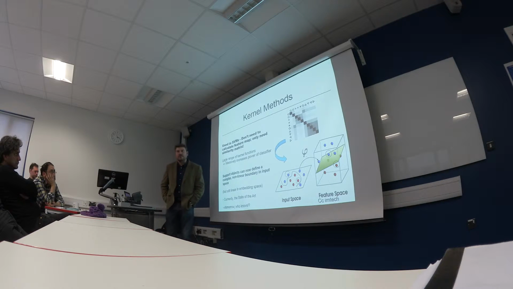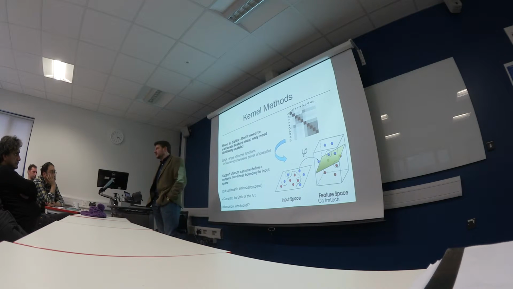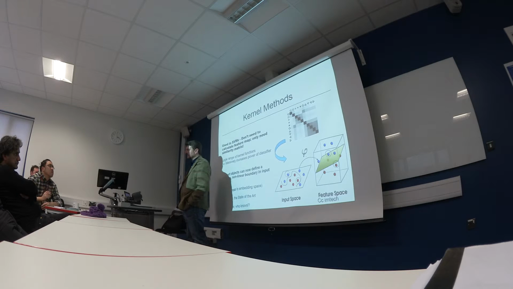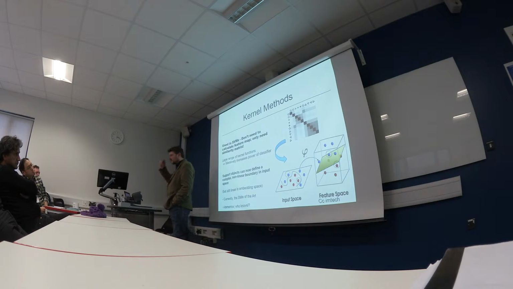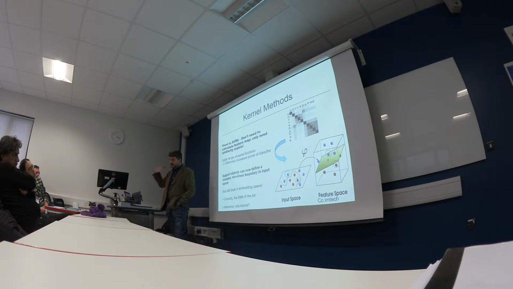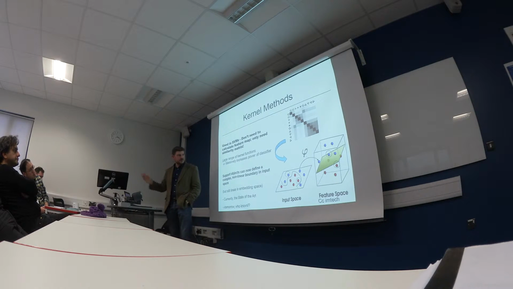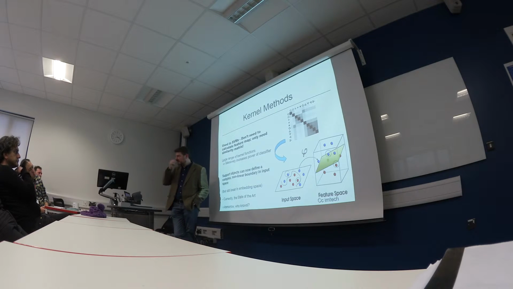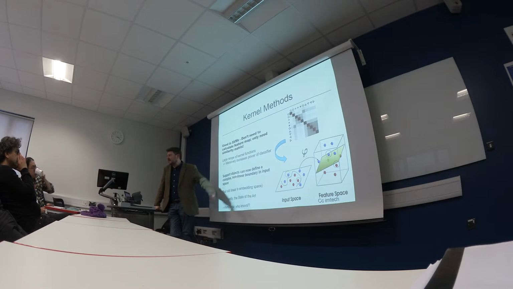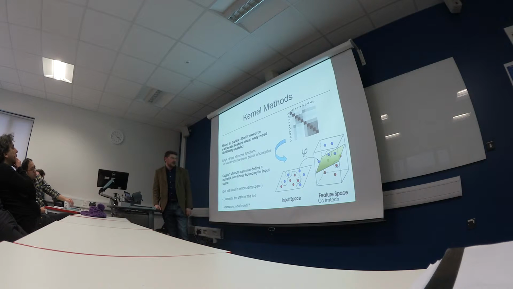And this, therefore, beefs up the power of certain classifiers and regressors enormously. Wherever your training data is representable as a gram matrix, you can chuck that gram matrix away and replace it with an arbitrary kernel function. So it's very modular. You can slot stuff in. And this effectively increases the power of any regressor or classifier enormously, and gives a huge range of options.